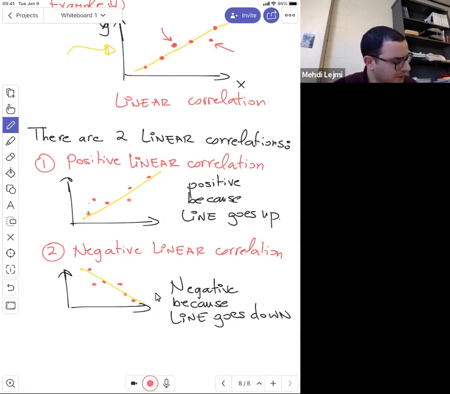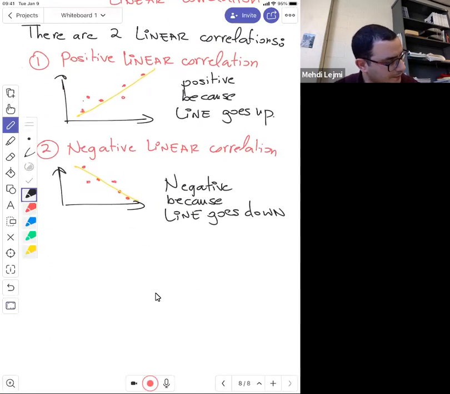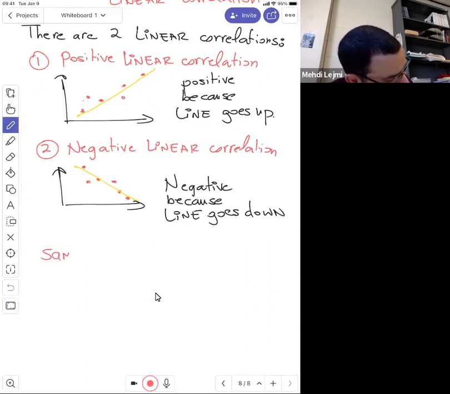Let me first talk about this numerical measurement of the correlation. So next, let's discuss the so-called sample correlation coefficient.